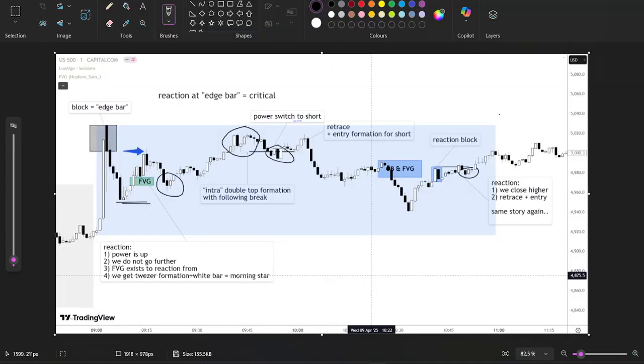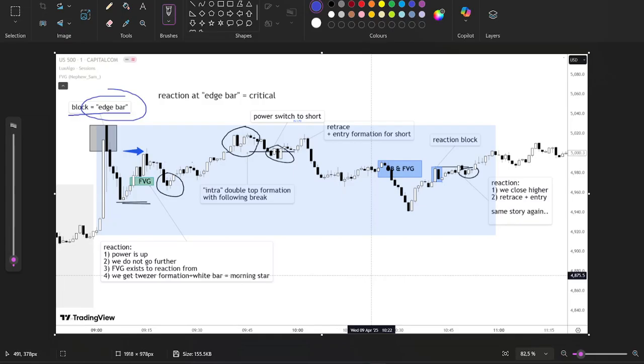So today I've got only one picture, but today I'm going to talk about a concept called edge block and power, where price wants to go. And where does price want to go? Who knows? I don't know, but edge bar, right?